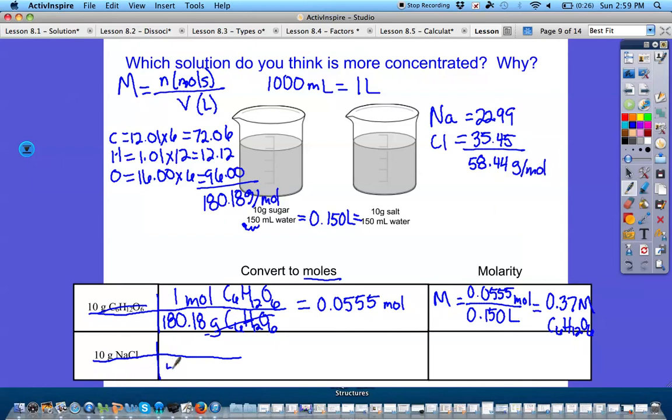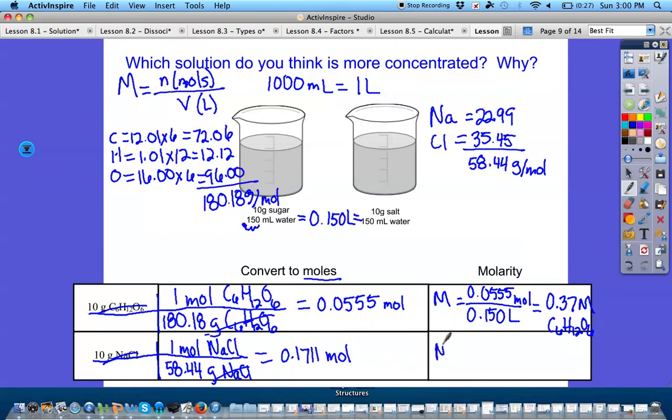And grams on top, so we're going to put grams on the bottom. Grams of sodium chloride is going to cancel. 10 divided by 58.44 is going to give us 0.1711 moles.